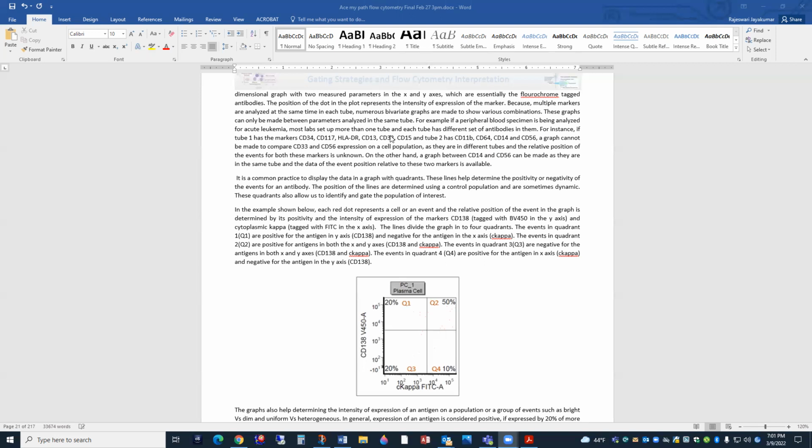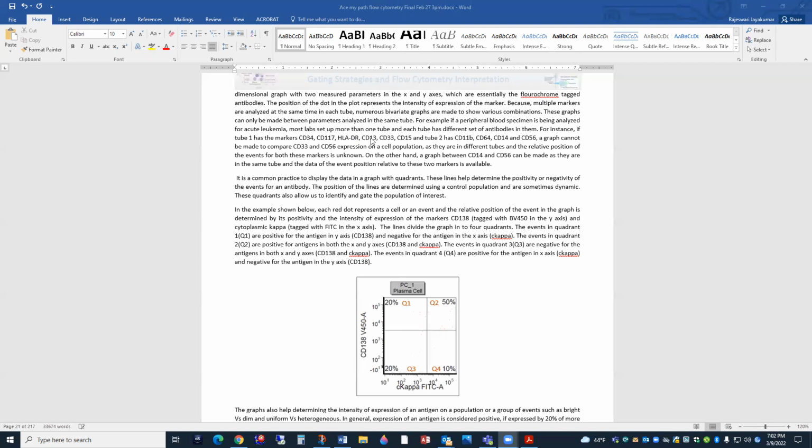For example, you can compare a particular population. Let's say here it is the blast population. You can see if the blast population is positive for 34 and 117, or for 34 and HLA-DR, 34 and 13, HLA-DR and 13. So you can have different combinations and look for the relative expression of each of these markers in that tube.